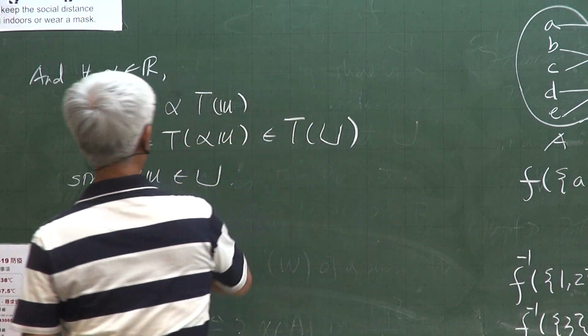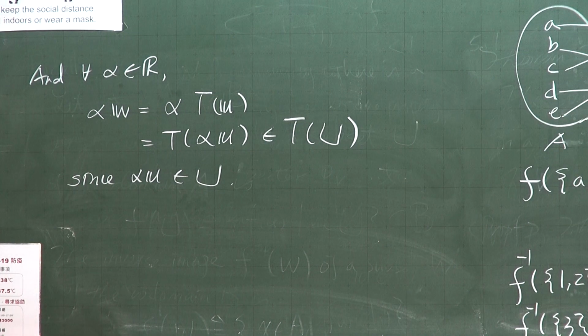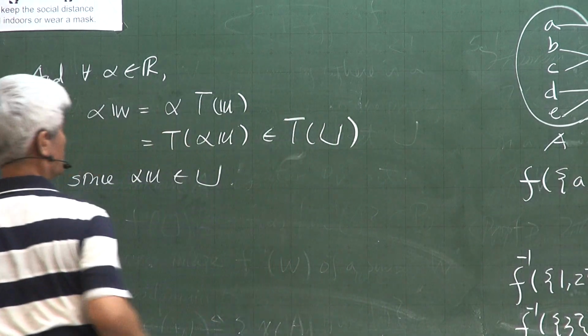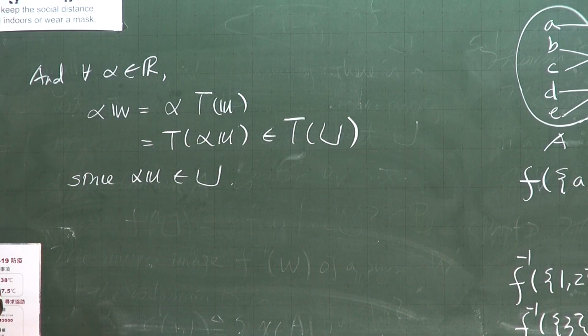Okay, and so we start with W in TU. We find that alpha W is also in TU. So TU is closed under scalar multiplication.